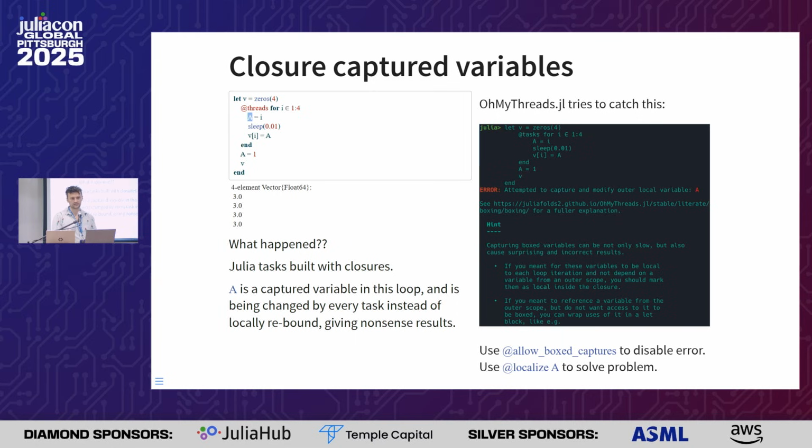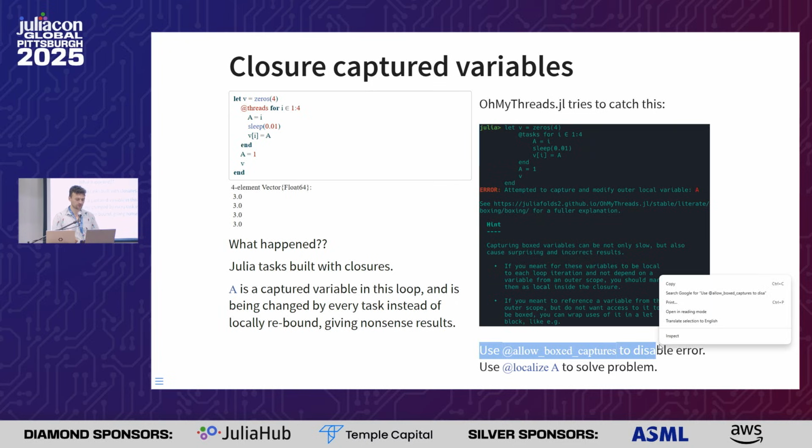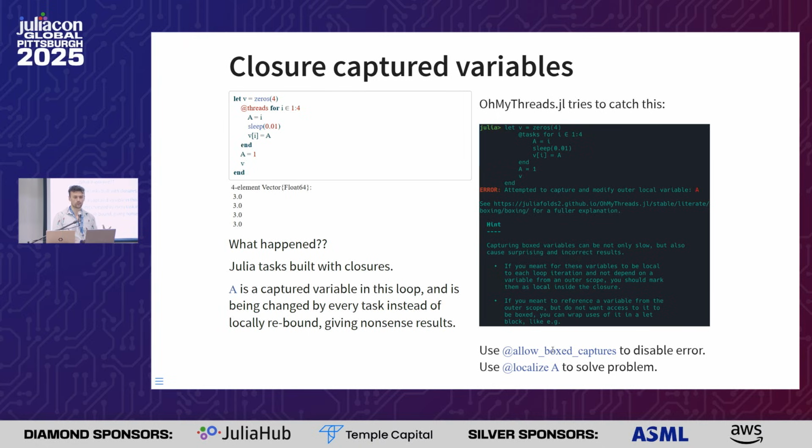There are tons of cases where it was actually harmless, but I think this is good to do, because if you're using threads, you probably care about performance, and these boxed variables are probably going to be very bad for your performance, and it just causes very confusing errors. So you have to opt out of this error by using the allow_boxed_captures macro, and we also provide a macro, localize, which you could put in front of this task. You could say localize A, and it would wrap this in a let block that would bring A local to that thing, and then it wouldn't be a captured variable.